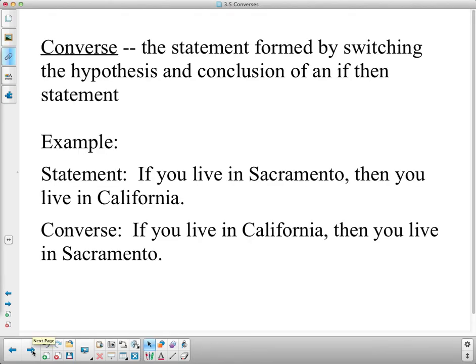All right, a converse. A converse is a statement that is formed by switching the hypothesis and conclusion of an if-then statement.